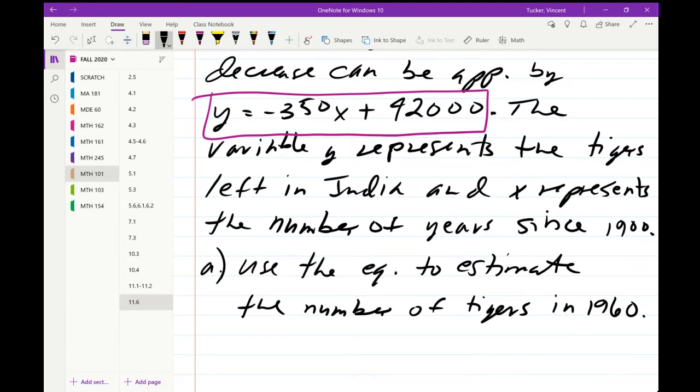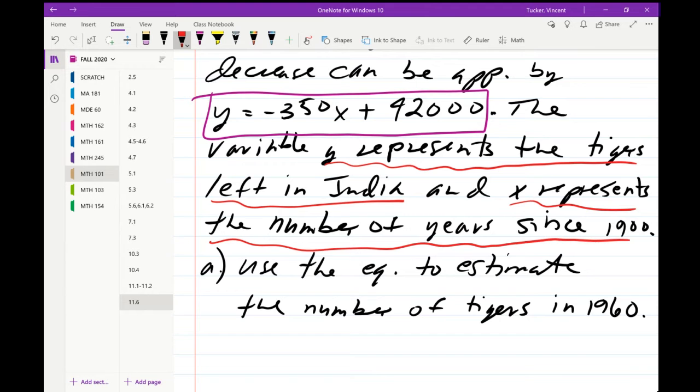Okay, so the first one, use the equation to estimate the number of tigers in 1960. So they gave us what x and y represent. Y represents the tigers left in India. X represents the number of years since 1900.